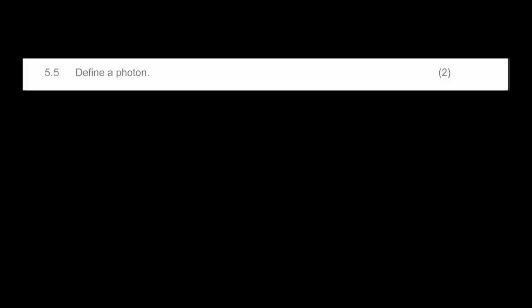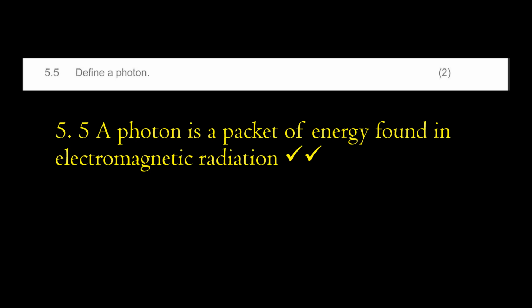Question 5.5. Define a photon. This is a recall question in which you need to recall or remember the definition of a photon. It is a 2-mark question. A photon is a packet of energy of electromagnetic radiation.